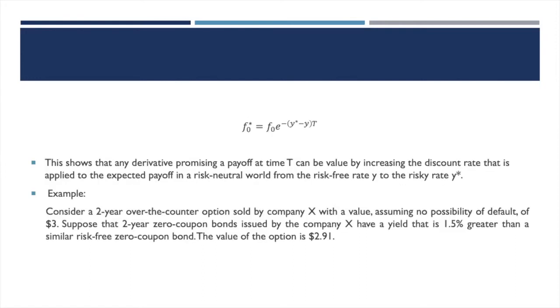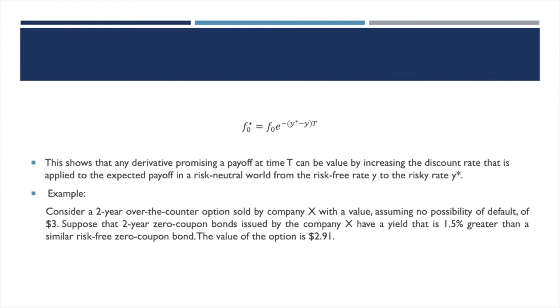If y is the yield of a risk-free zero coupon bond maturing at time T and y star is the yield on a zero coupon bond issued by the counterparty that matures at time T, then we can obtain the following expression. This shows that any derivative promising a payoff at time T can be valued by increasing the discount rate that is applied to the expected payoff in a risk-neutral world from the risk-free rate y to the risky rate y star.